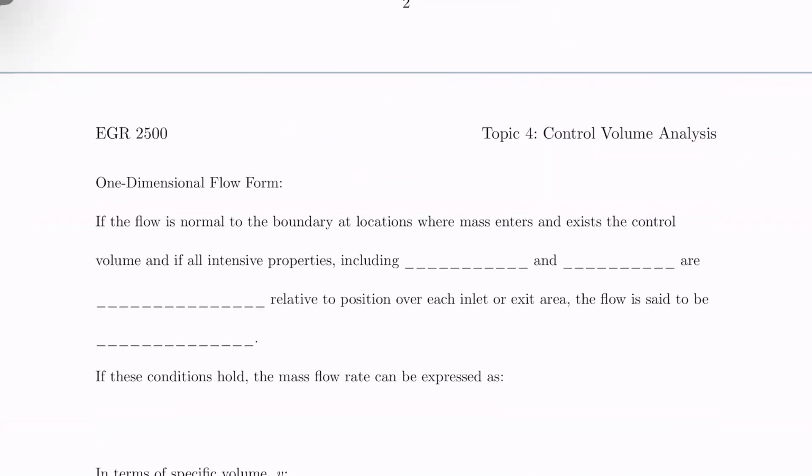Another thing that we are going to assume in this class for simplicity is one-dimensional flow. If the flow is normal to the boundary at locations where mass enters and exits the control volume, and if all intensive properties, including density and velocity, are uniform with position over each inlet or exit area, the flow is said to be uniform or one-dimensional.